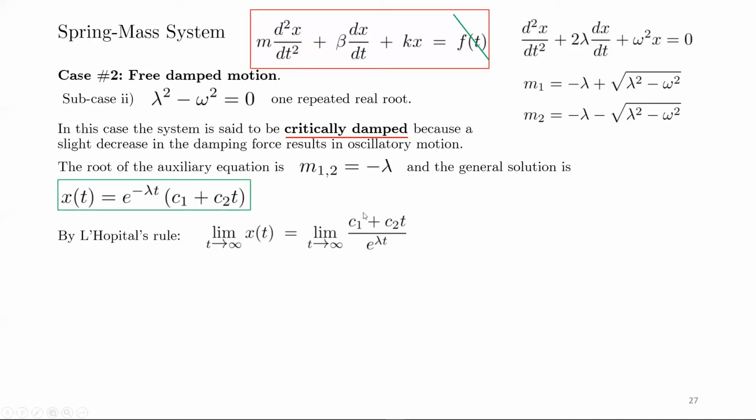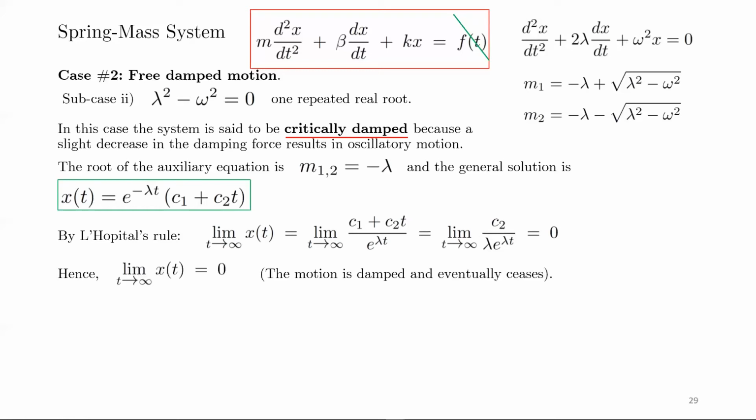The derivative of the top: c1 is 0, c2 times t is just c2, and e to the lambda t gives lambda e to the lambda t. So we're looking at the limit as t goes to infinity of c2 over this exponential, which of course is 0, because the exponential is going to infinity, so a constant divided by infinity is 0. So thankfully, in the critically damped case, the motion is damped and eventually ceases, going back to the equilibrium position.